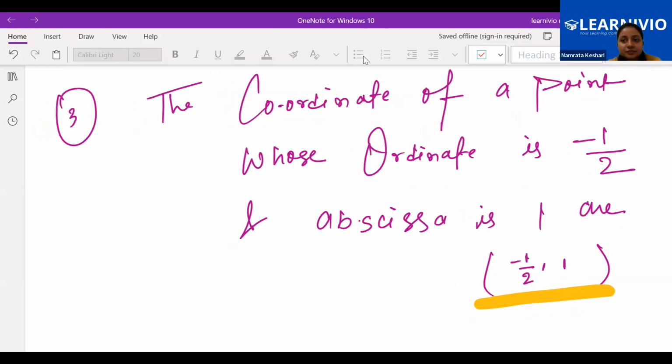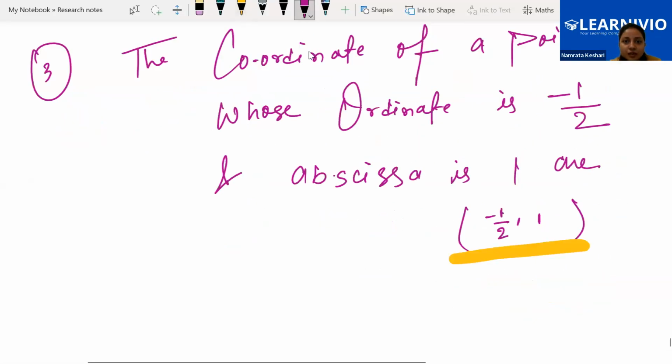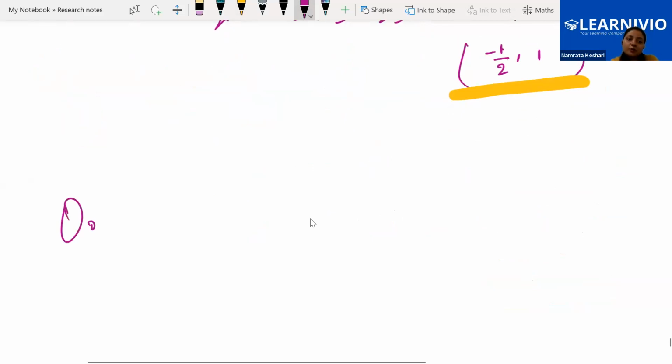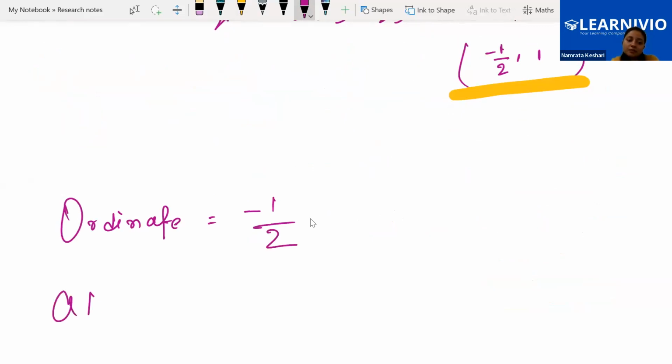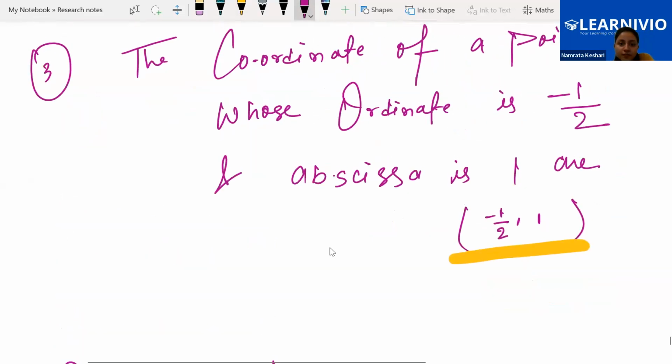Okay, let's check it. The coordinate of a point whose ordinate is -1/2 and abscissa is 1.